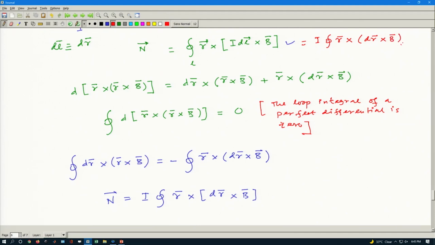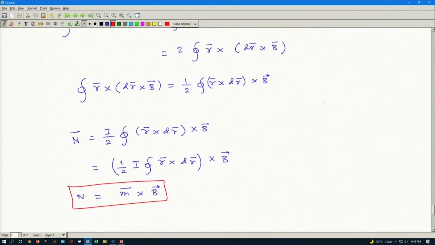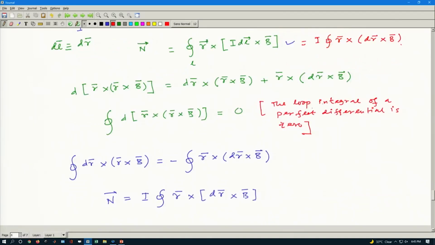The next part was to write r cross dr cross B in terms of r cross, the last line, what I get, r cross dr cross B. So, we just use a few vector identities, like d of these things is this quantity.